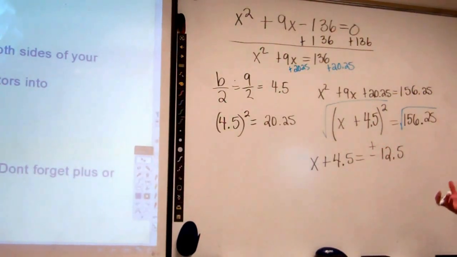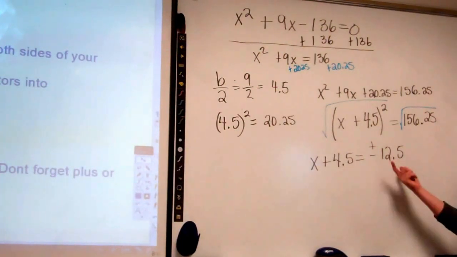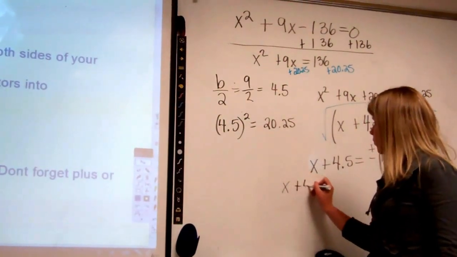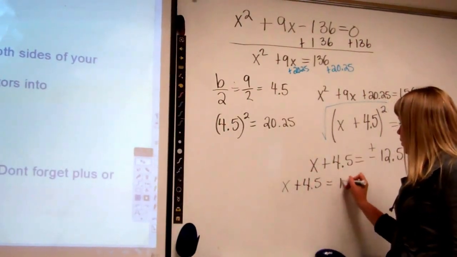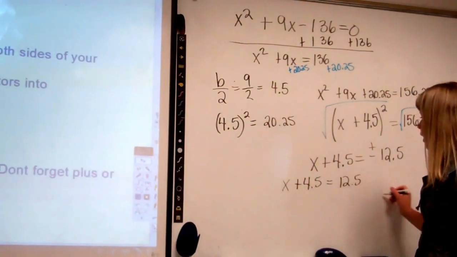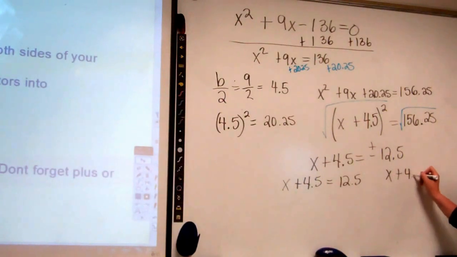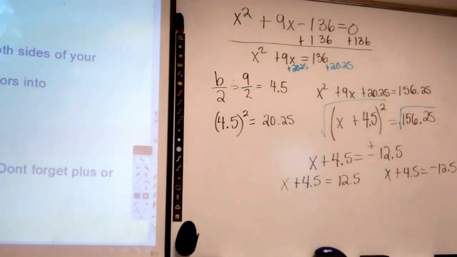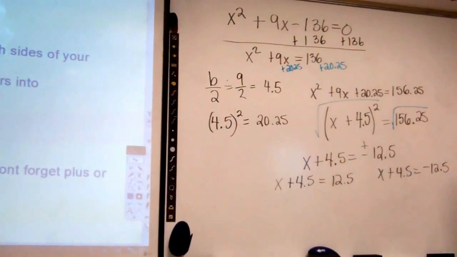Now when you have plus or minus 12.5, that means you technically have two equations. You have x plus 4.5 equals positive 12.5, and x plus 4.5 equals negative 12.5. And then you just solve these like you would solve a regular equation.